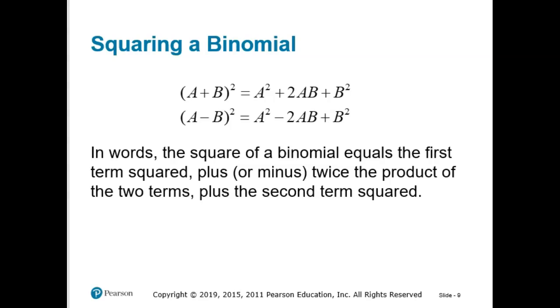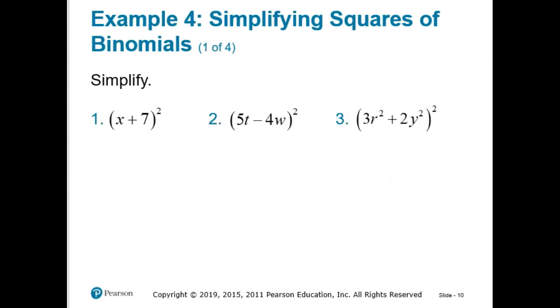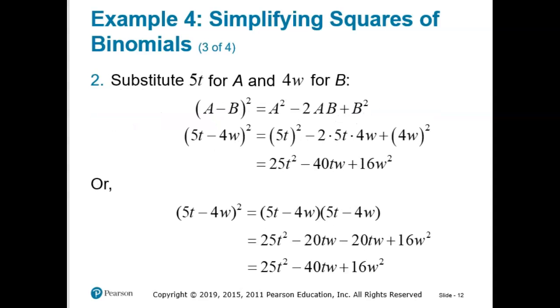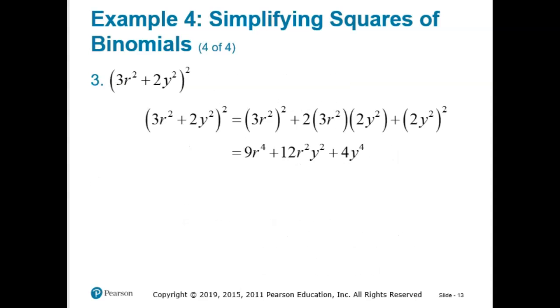And if you're subtracting, it's a squared minus 2ab plus b squared. Again, I'm not going to spend much time on that because I don't believe in memorizing. So if that doesn't make sense to you, just simply keep foiling. And you can review these answers at your leisure.